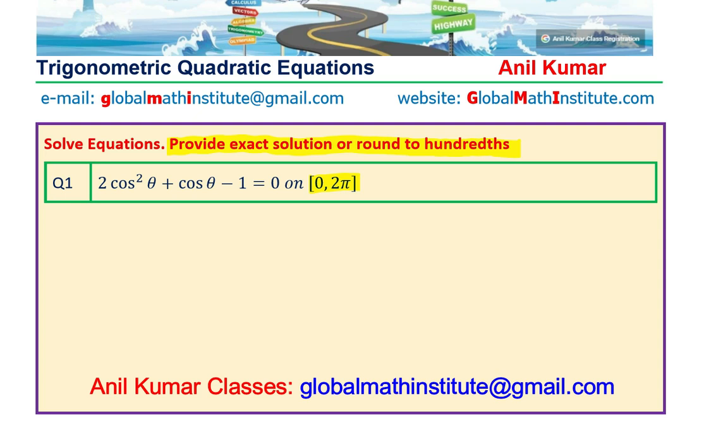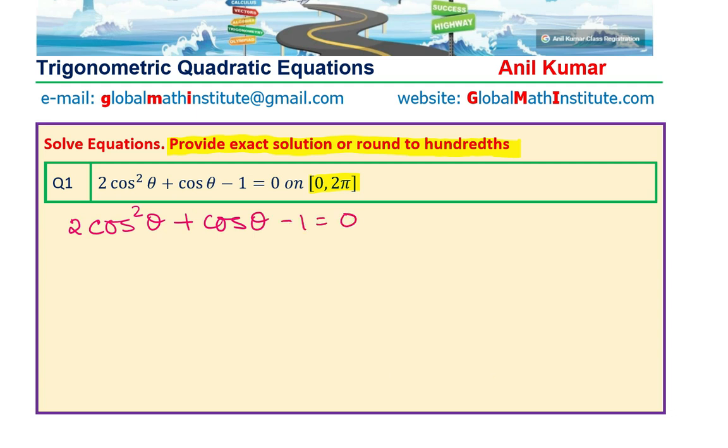So it's like a quadratic equation, right? We have 2 cos square theta plus cos theta minus 1 equals 0. We can factor it, product of minus 2, sum of 1. So we get 2 cos square theta plus 2 cos theta minus cos theta minus 1 equals 0.